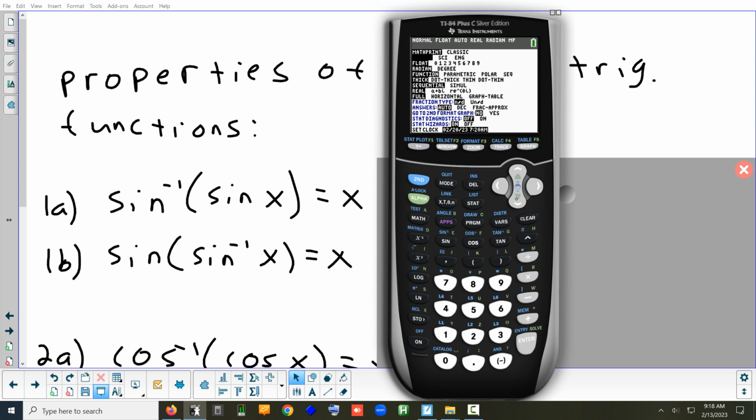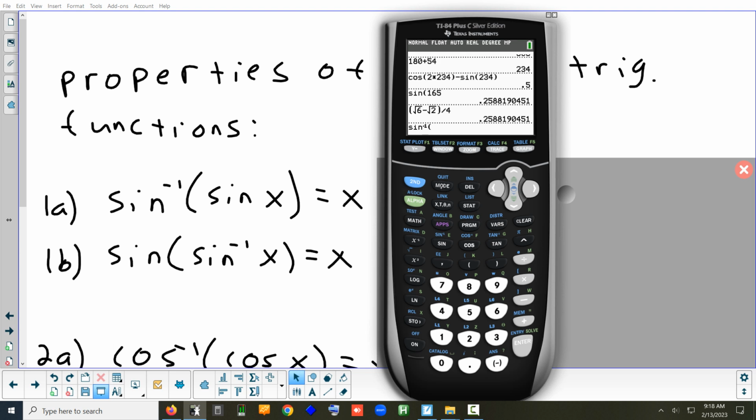And I'll do it in degrees just so I can show it to you with a nicer number. Let's take the inverse sine of the sine of, and somebody give me an angle. Yeah? 45.